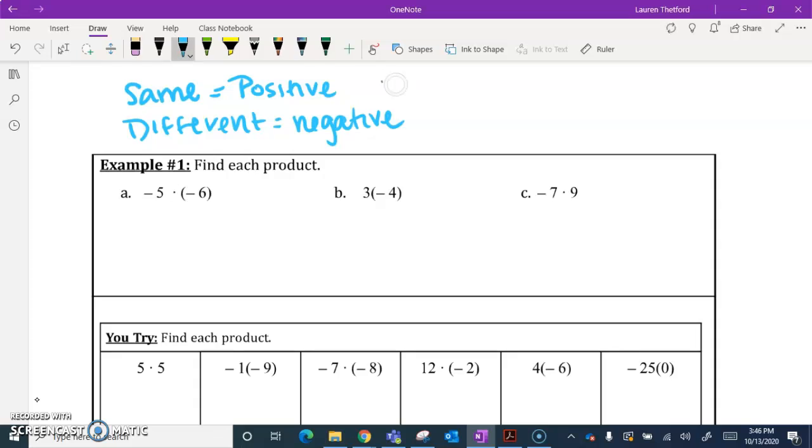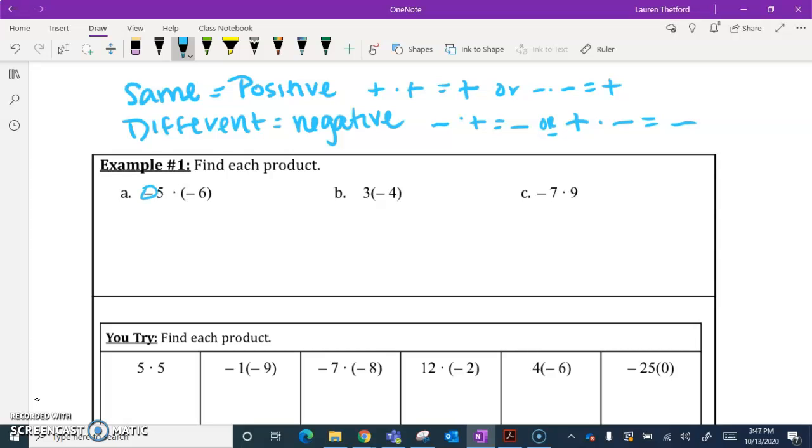So remember, a positive times a positive equals positive, or a negative times a negative equals a positive. Different signs means a negative times a positive equals a negative, or a positive times a negative still equals a negative.